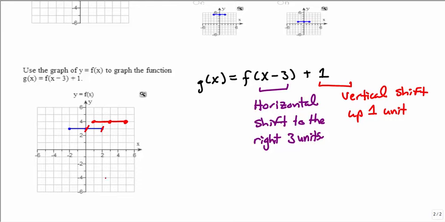Let's go ahead and look at another graph. Again, every graph we look at is going to be a little bit different. For this graph, we're going to be looking at a reflection. So let's take the graph of y equals f of negative x and see what we can do with that transformation.